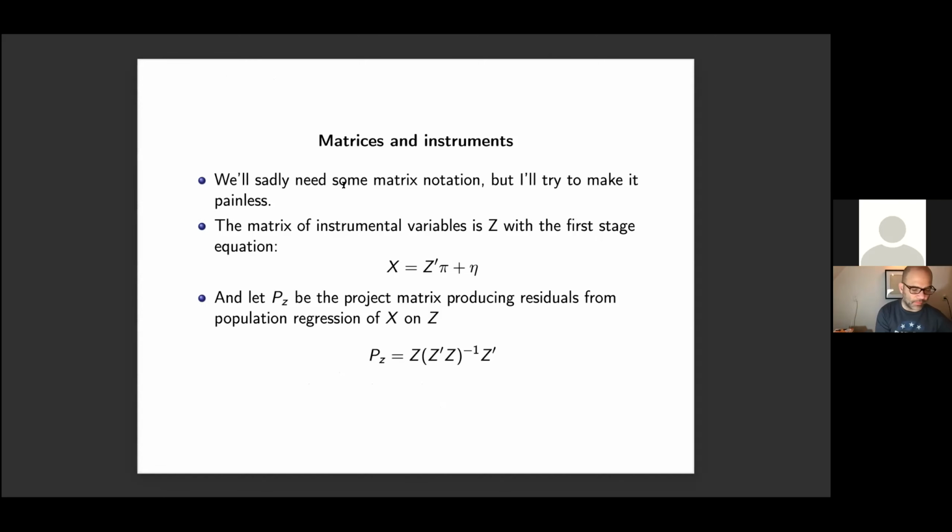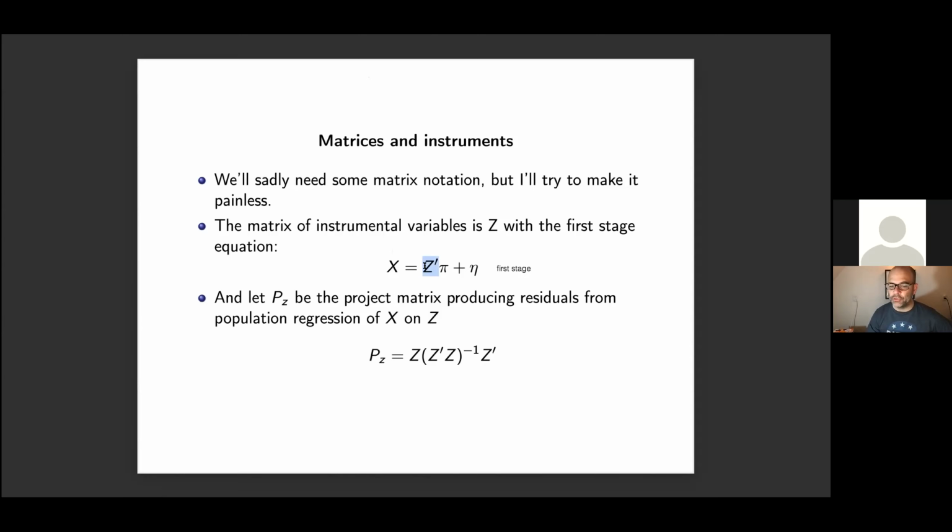So I have to stick with some matrix notation here, but I teach real slow, as you've seen so far, so this shouldn't be that bad. This is the first stage equation: X as a function of Z, with pi, where before it was beta. I don't have the reduced form here.